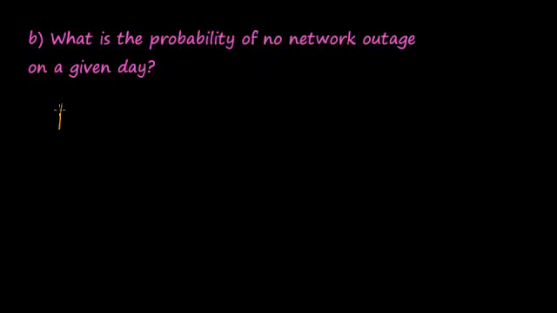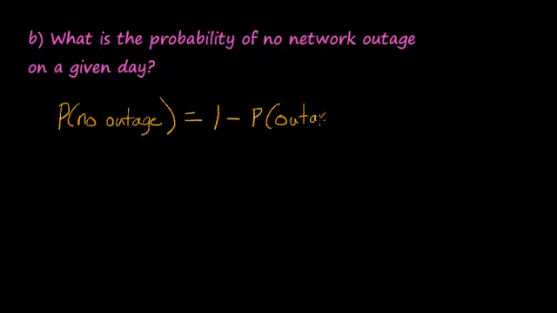So the probability of no outage, with all those different combinations that make that possible, has to be equal to 1 minus the probability of an outage. Now, there's only one way for this to happen, right? The only way you'll have an outage is only one condition: all 3 servers go down.